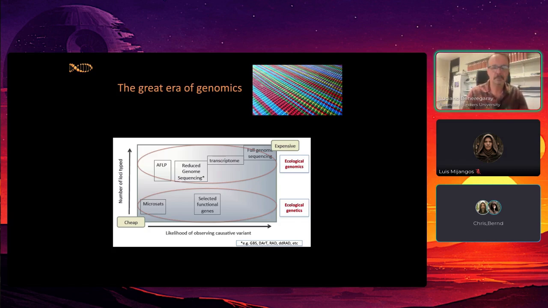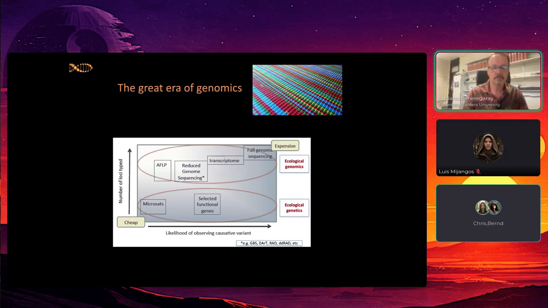And to make a long story short, your ability to characterize this variation under selection is dependent on the number of loci, the number of sequences, the number of markers that you have.